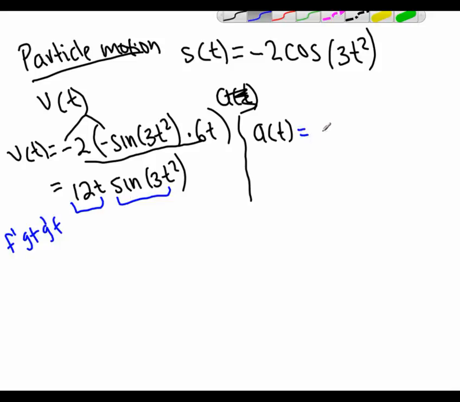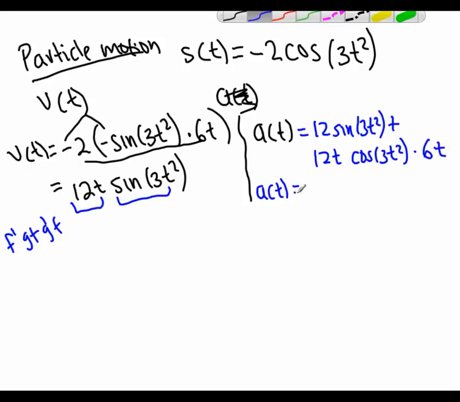So a of t is going to give me 12 sine 3t squared plus 12t cosine 3t squared times the derivative of the argument, 6t. Simplify this, you have 12 sine 3t squared plus 72t squared cosine 3t squared. So that is the acceleration function.